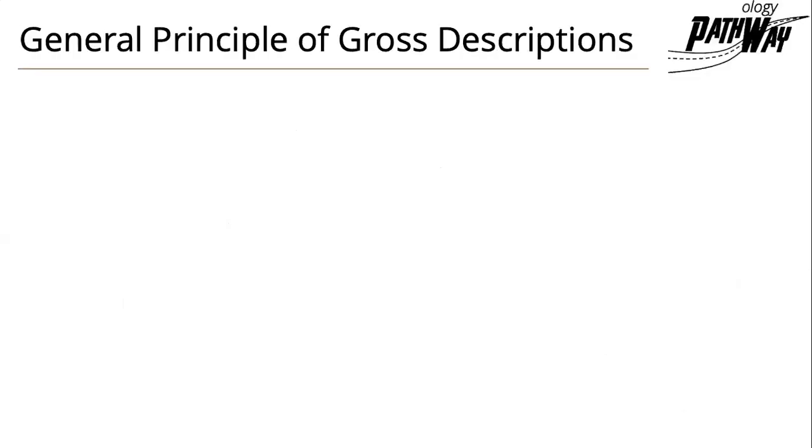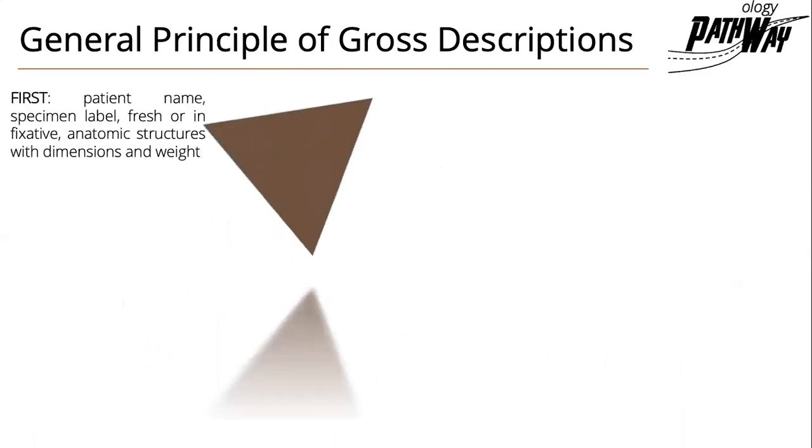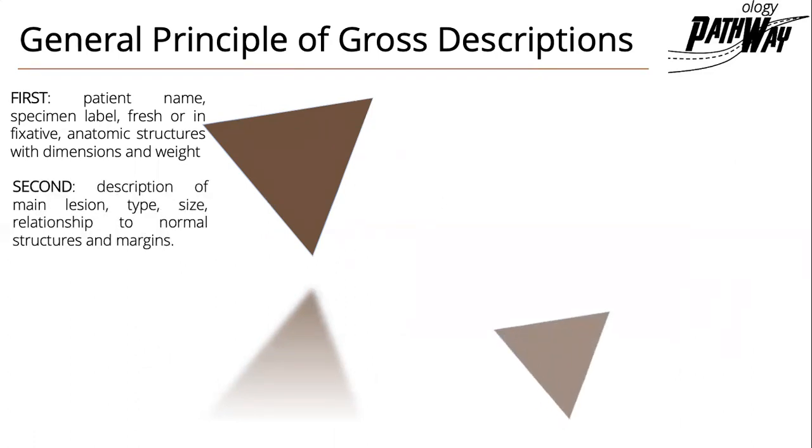So for general principles of gross description, we have 5 points to be fulfilled. First, you should mention the patient name, the specimen label, fresh or in fixative, anatomic structures with dimensions and weight. Number 2, description of the main lesion, type, size, relation to normal structures, and margins.